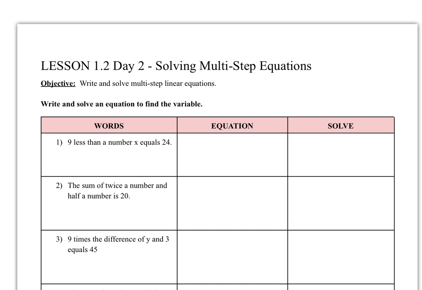Okay, so we have write and solve an equation to find the variable. And we have the words 9 less than a number x equals 24. Well, equals 24. I can write that. Okay. I want to talk about this 9 less than deal.